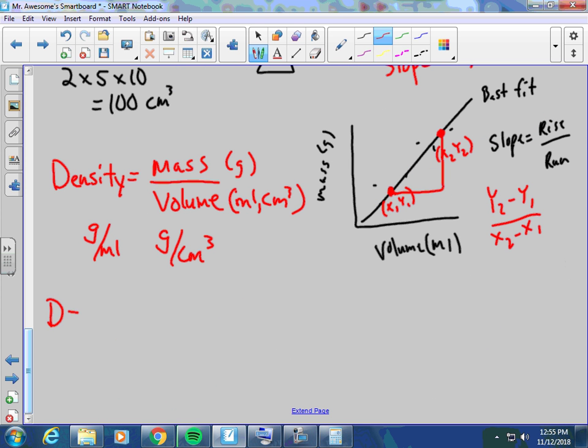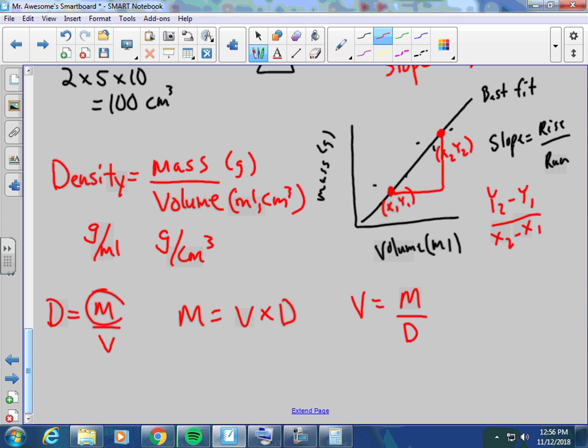So if D equals M over V and I want to solve for M, what I'm going to do is multiply both sides by V and I'm going to get mass equals volume times density. All right? If I wanted to find volume, I would multiply both sides by V and then divide by D and I would get mass over the density. Okay?